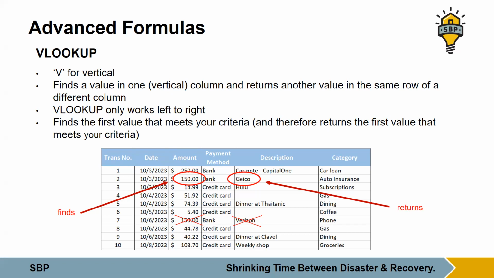So I couldn't look up Geico and get 150, because the lookup value has to be in the left column, the reference column. It finds the first value that meets your criteria, and then it returns the first value as well. So if I was trying to find the Verizon charge here, I wouldn't be able to do that with VLOOKUP.